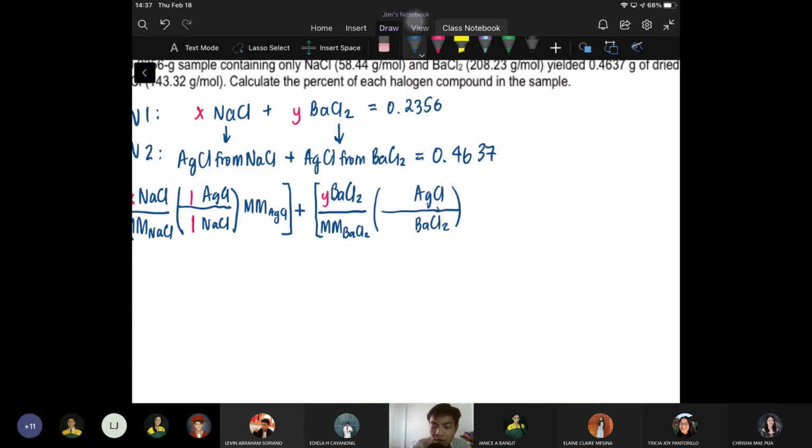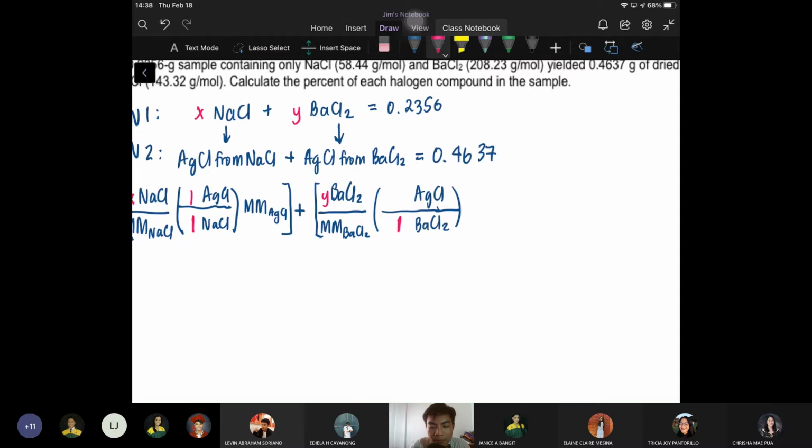Now, question. For every mole of barium chloride, how many silver chloride will be produced, no? Suppose we have 1 mole of barium chloride. Ilang moles ng silver chloride ang magagawa? Dalawa.